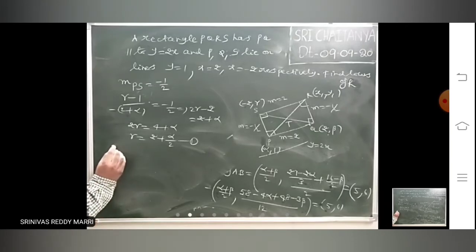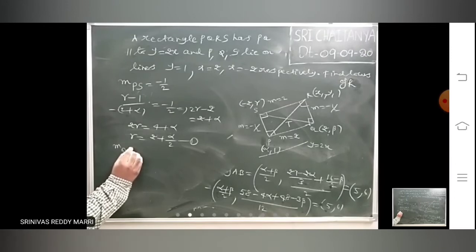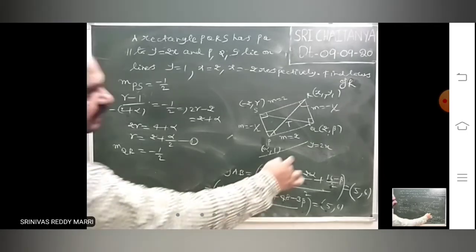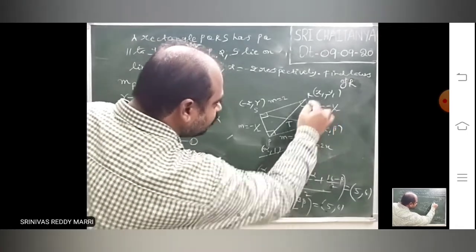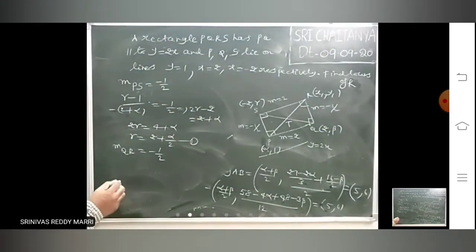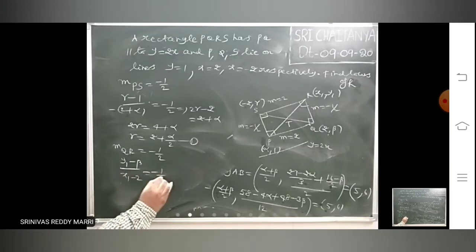Slope of QR is what? Minus 1 by 2. Slope of QR means y1 minus beta divided by x1 minus 0 is nothing but minus 1 by 2.